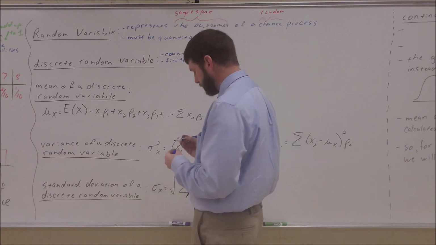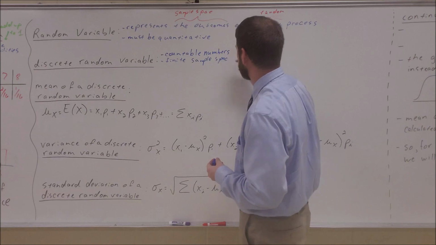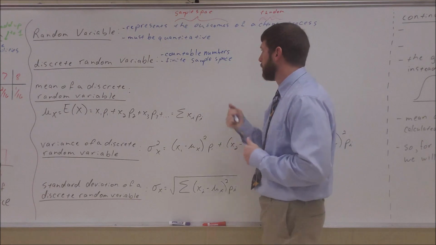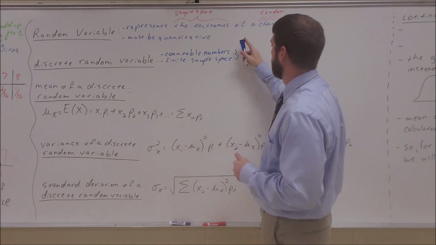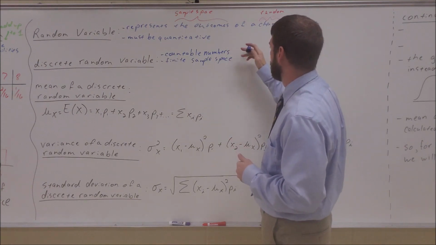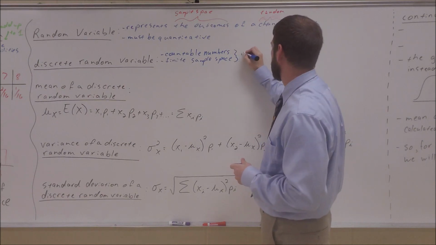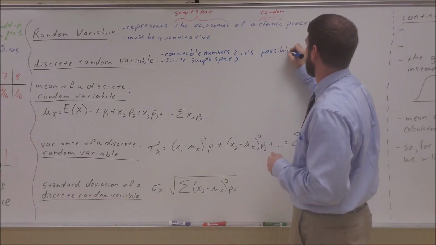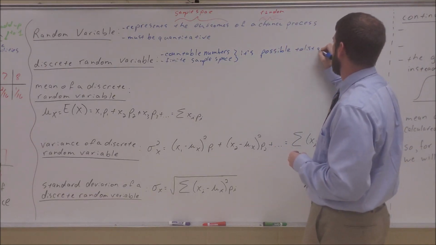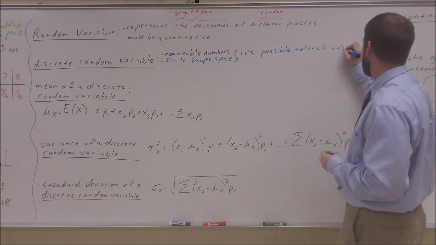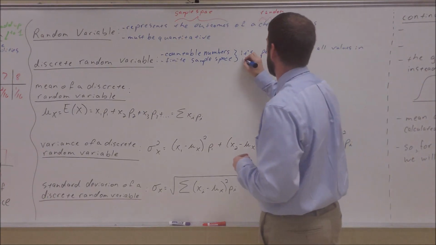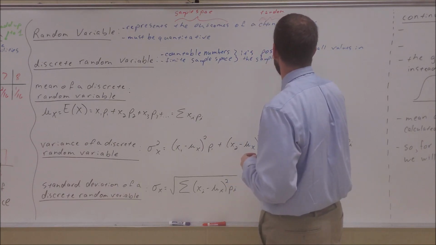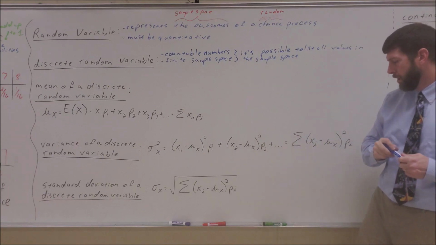That's what we mean by countable. So those are discrete random variables. Because it's finite, it's possible to list all values in the sample space.